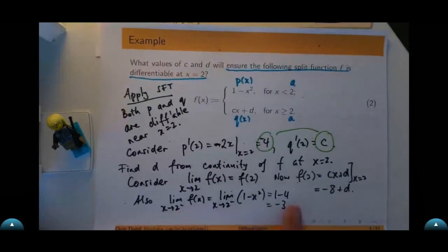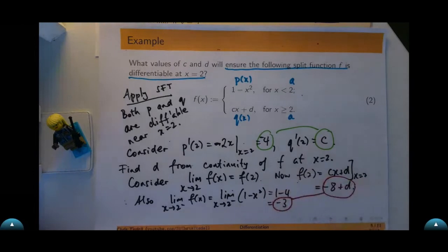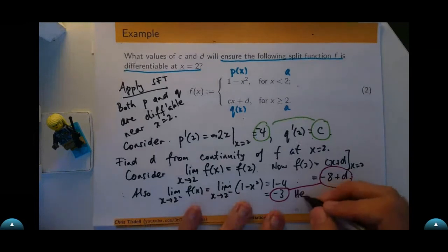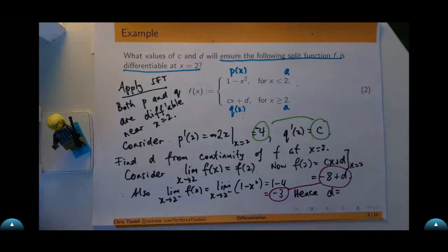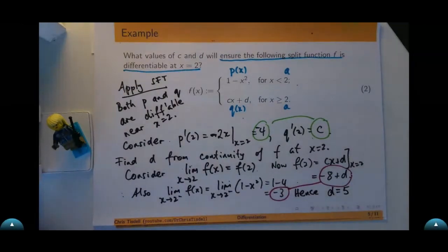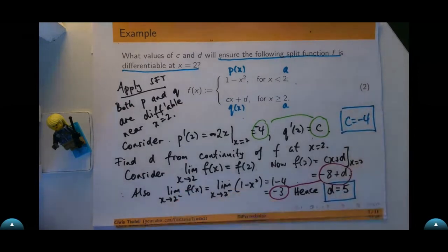You can check the right-hand limit, but that's enough. We want that to be equal to that for the continuity. So if those are equal, D equals, what's d going to be? 5. All right. So we've got c equals negative 4, and we've got d equals 5.